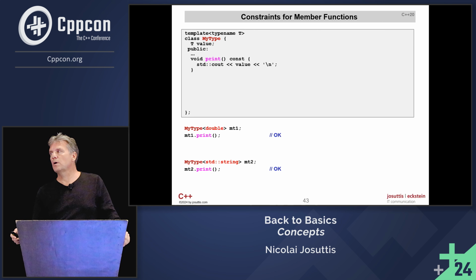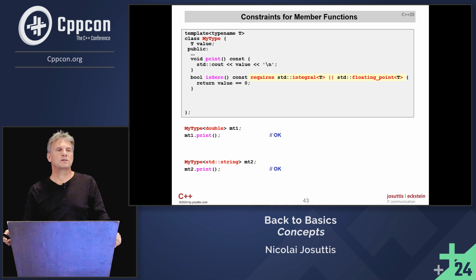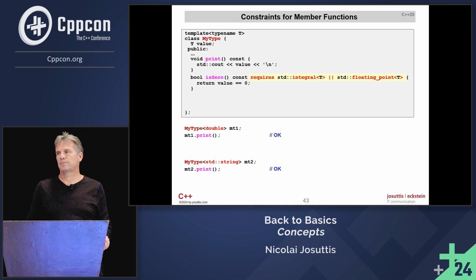What you can do with constraints is you can say there is a constraint in my member. You can say this member function is not always available, only sometimes when certain conditions are met.